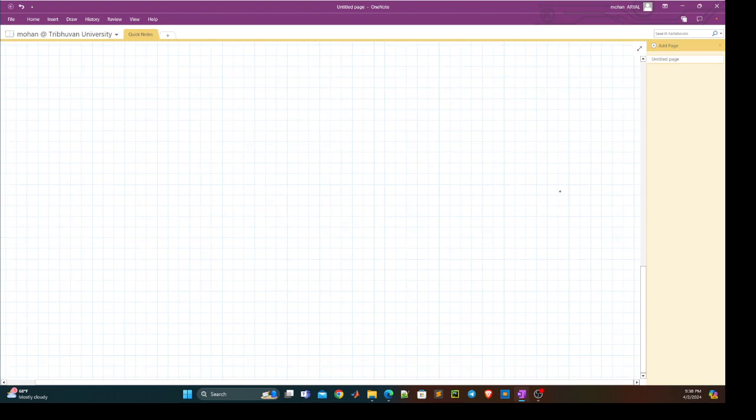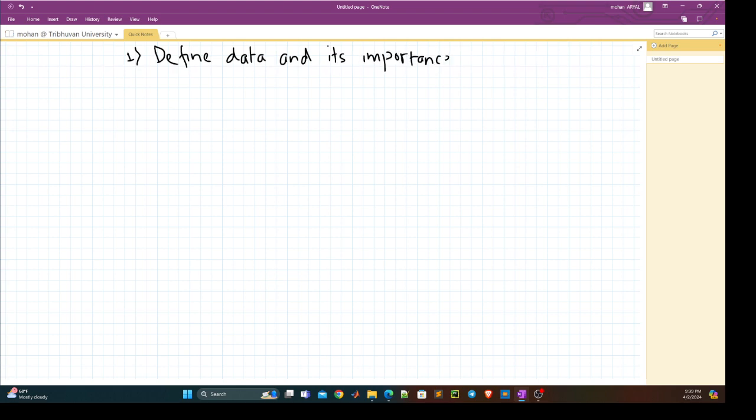We are going to answer the first question, but beside answering this question, let us ask a few more questions. Define data and its importance, and second one is what is generating so much data, right?